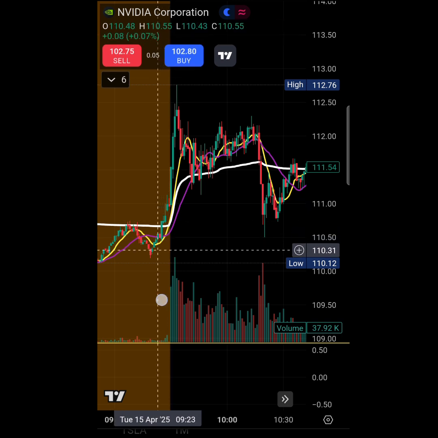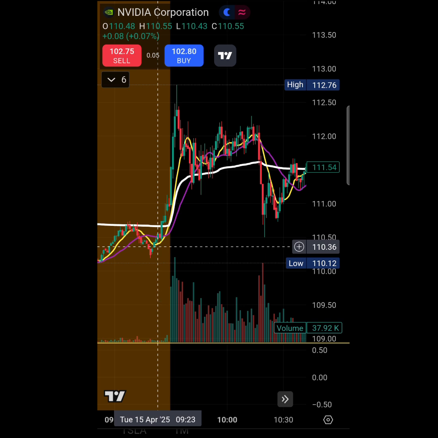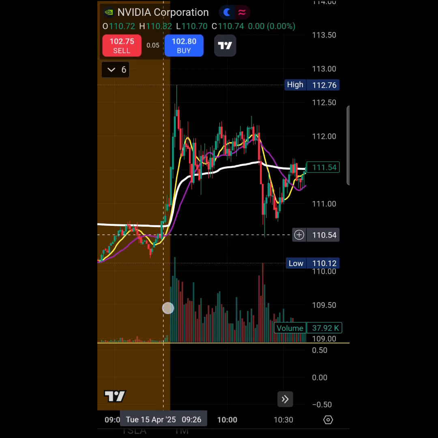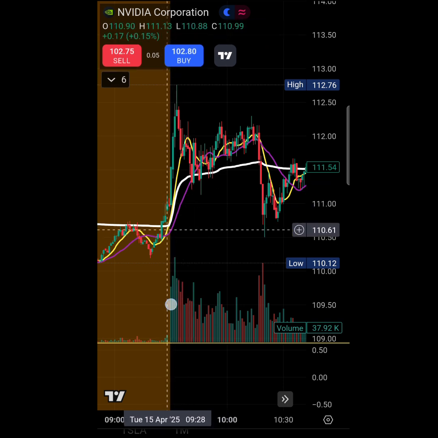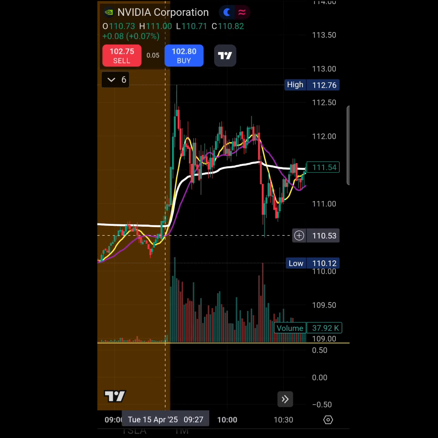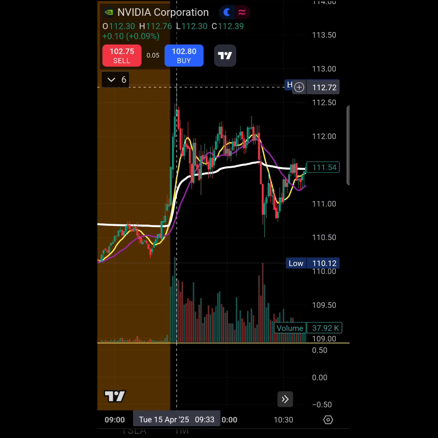This time, instead of crossing down, it's now crossing up for the day. So as we're hitting the New York Stock Exchange at 9:30, ding, ding, ding, it's crossing over. The 9 EMA is now moving above the 21. So it's time to get into calls. You're coming in at $110 and you're riding this all the way up to 112.